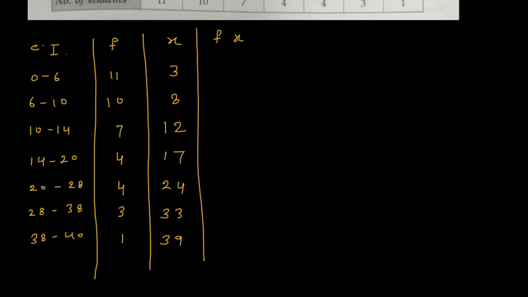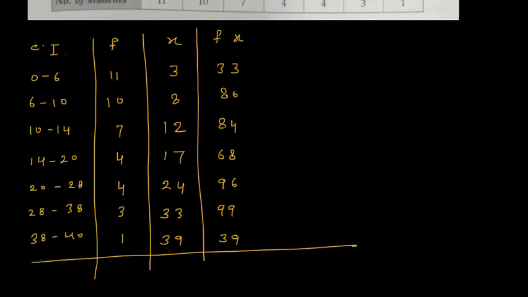So 11 into 3 is 33, 10 into 8 is 80, 12 into 7 is 84, 17 into 4 is 68, 24 into 4 is 96, and 39.